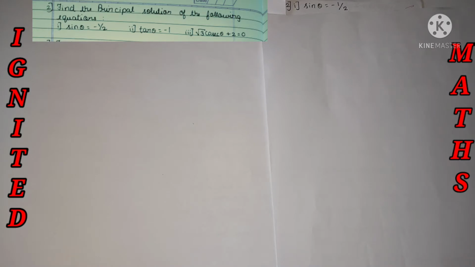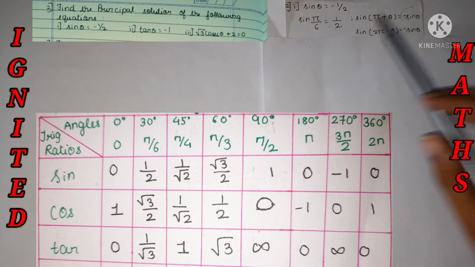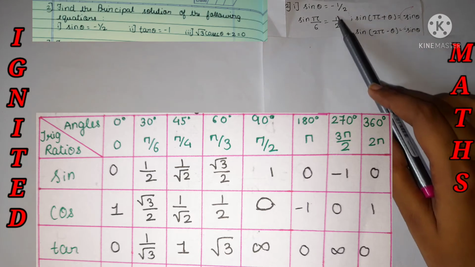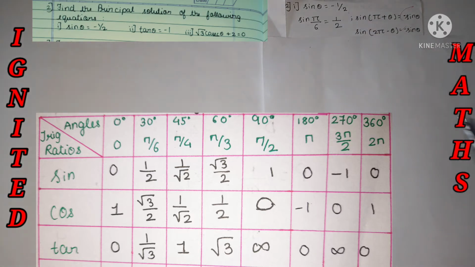So the question is sine theta is equal to minus 1 by 2. Know that sine pi by 6 is equal to 1 by 2, but the question is given as sine theta is equal to minus 1 by 2. So at that moment we need to work with the trigonometric functions of the allied angles.